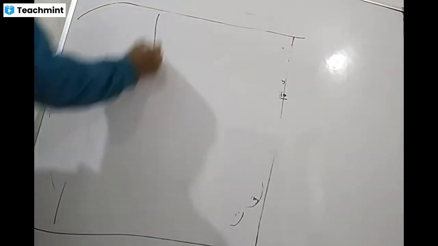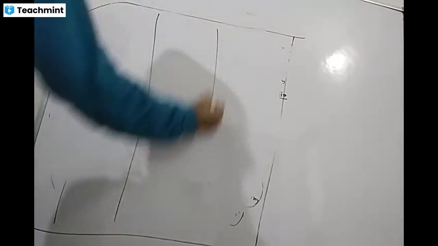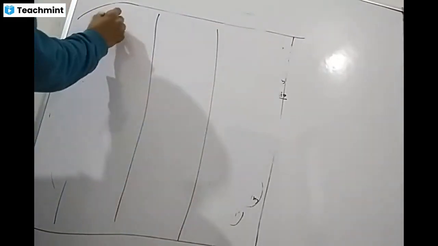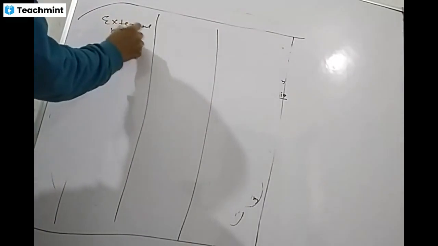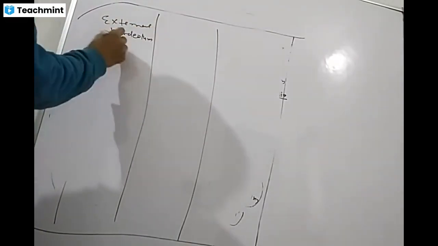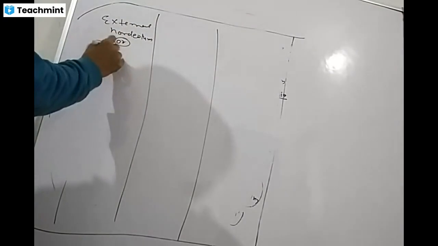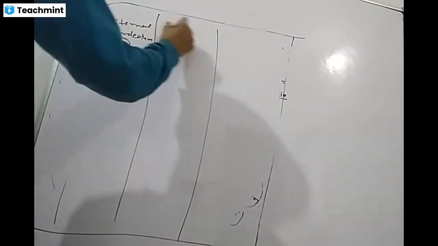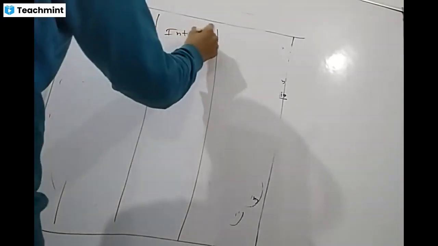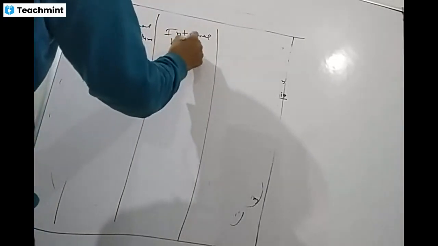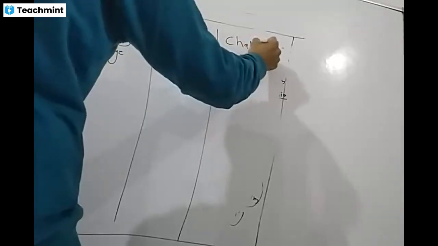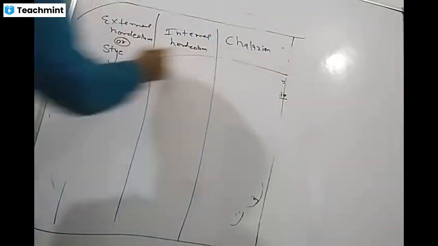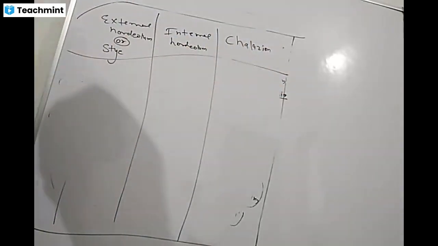So if we compare the three eyelid swellings, first is external hordeolum, or stye. Second is internal hordeolum, and third is the chalazion. This comparison is very important.